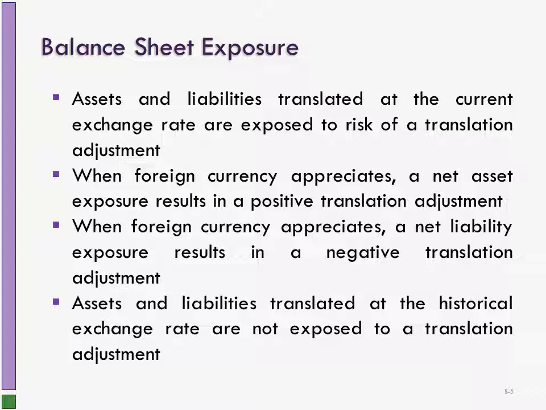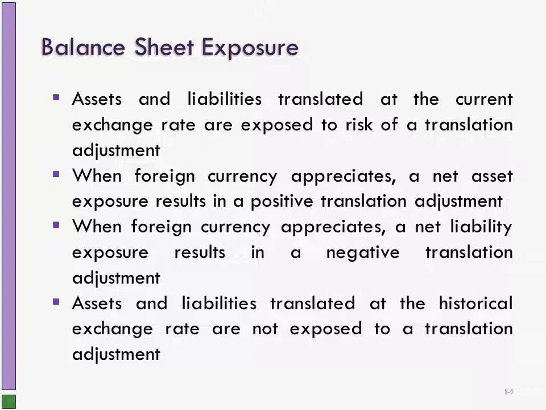Then balance sheet exposure means assets and liabilities which are exposed to translation adjustment. Assets and liabilities translated at the current exchange rate, meaning the exchange rate at the balance sheet date, are exposed to the risk of translation adjustment, of course, if this exchange rate differs from the previous balance sheet exchange rate.